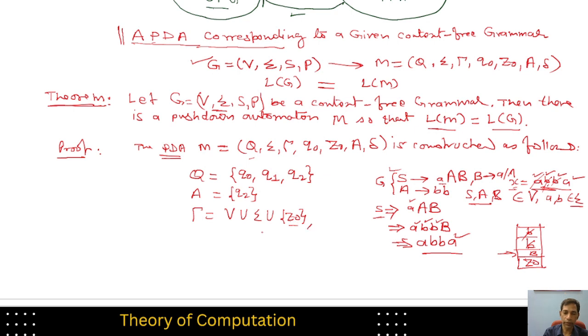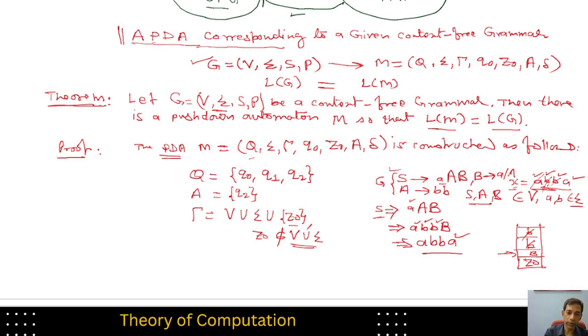We assume that Z0 does not belong to either the non-terminals or the terminal symbols. So Z0 is not a member of this set. Okay, so this we are going to assume.